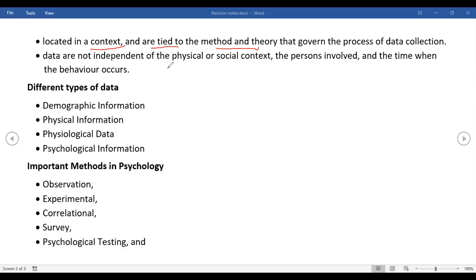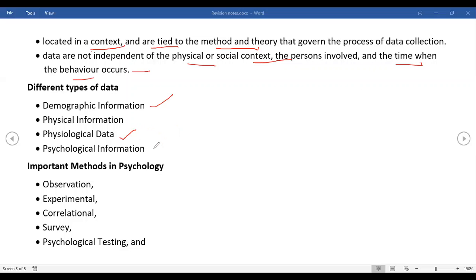It has to be a physical, social context, like you can relate it to time, behavior. These can be related to types of data. So, types of data: physical data, demographical, social context and other related ones, physiological data.